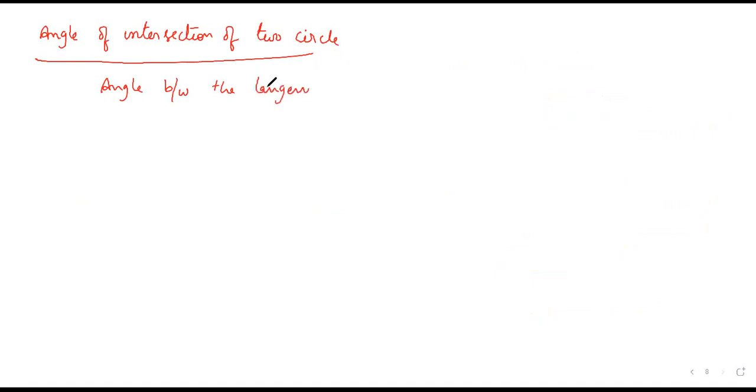Not only in circles, we define it for any curve. The angle between two curves is nothing but the angle between the tangents at the point of intersection. Consider two intersecting circles. The angle between the two tangents is nothing but the angle between the circles.